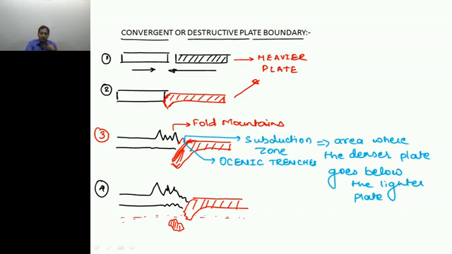Due to melting, the convectional currents rise upwards, taking the molten rock material and different gases along with them.